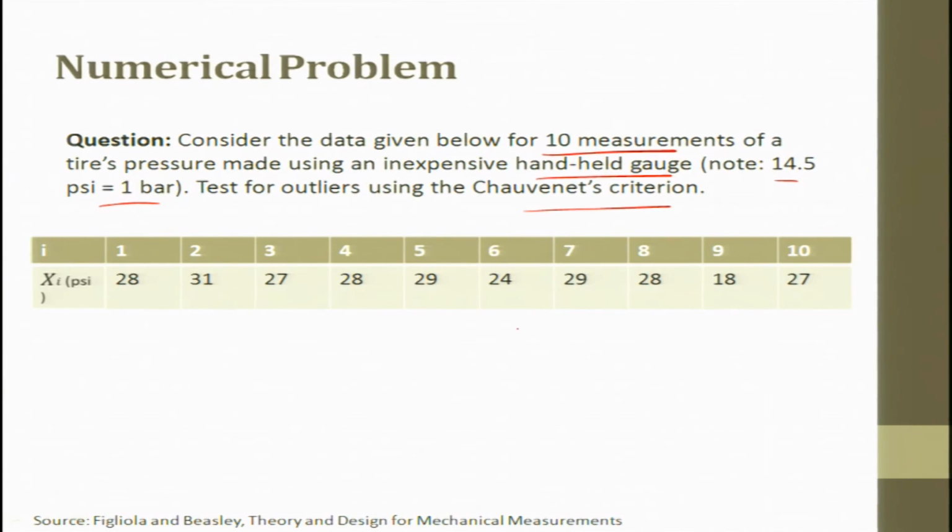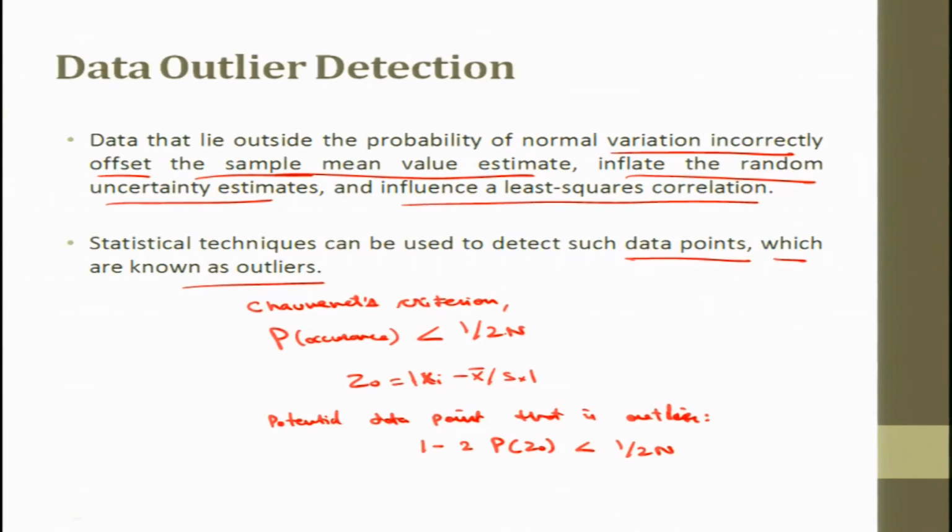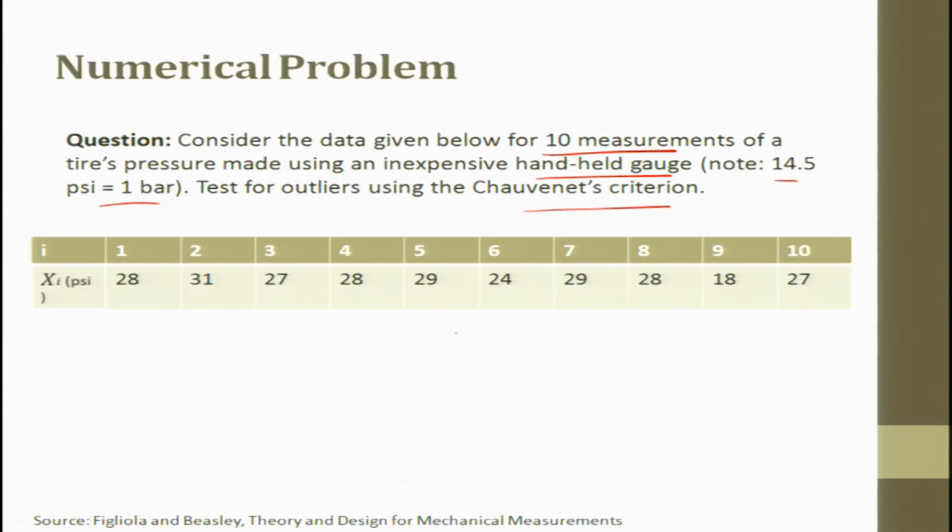Now, to calculate these, we need to first find x bar and sx. x bar is nothing but the average of these values. So, x bar is calculated to be 27 here, and sx is 3.8.